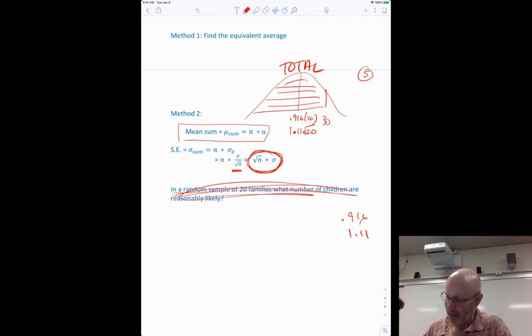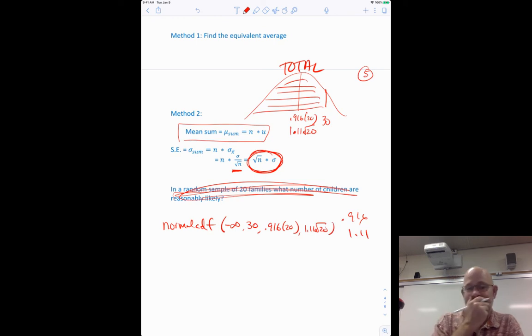Don't worry about this right now. So we're going to go normal CDF from negative infinity to 30 with a mean of 0.916 times 20 and a standard deviation of 1.11 times the square root of 20. It's a little bit more work than the averages at the beginning, but you got to do this because later on we're going to have problems set up for this way that you can't revert back.